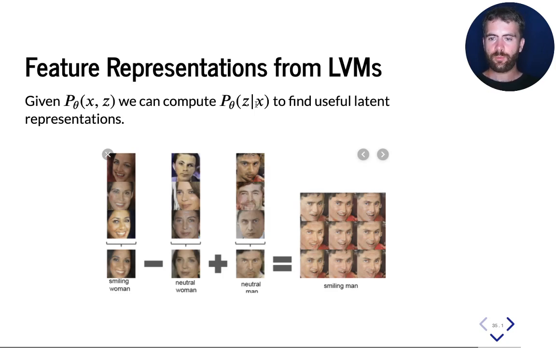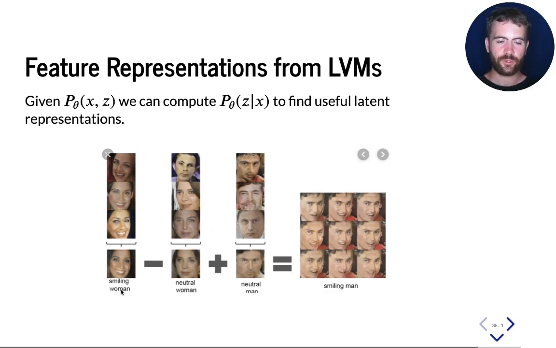For example, in many modern deep learning models that perform unsupervised learning, they do parameterize a probabilistic model, and we can compute this posterior to obtain a latent representation over an input x, which can be something like an image. And then these z have interesting structure in the data, and for example, we can use them to perform arithmetic over images, as we did in this example that I showed in the first lecture on supervised learning.